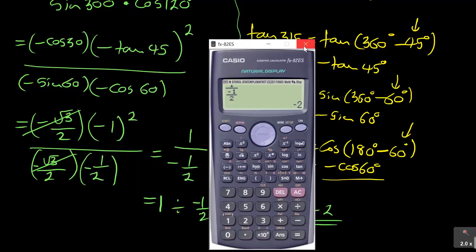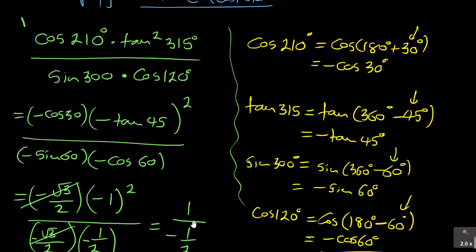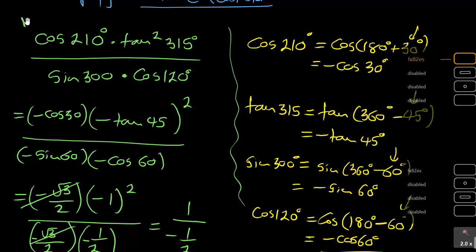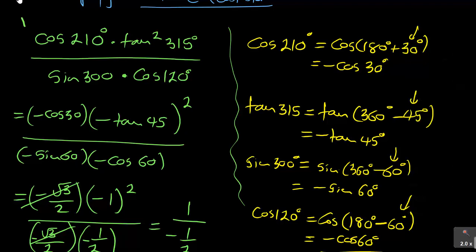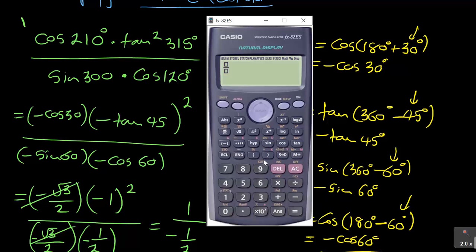Now if I go to my original that I started with and use a calculator there to find out what it gives me, I will have cos 210 times tan 315, squared.